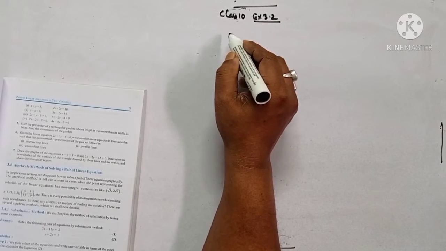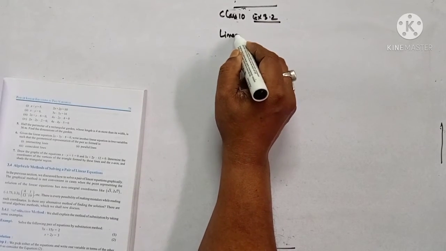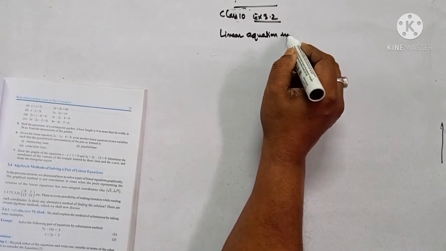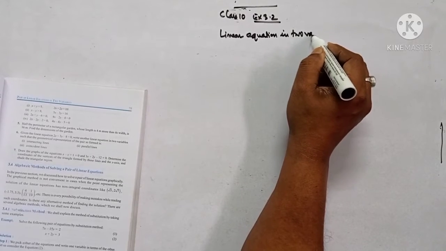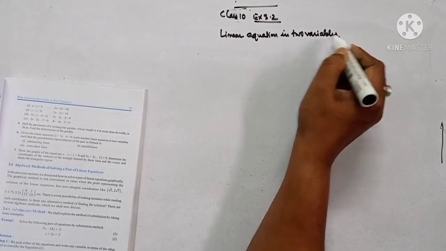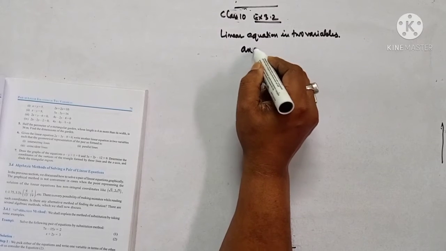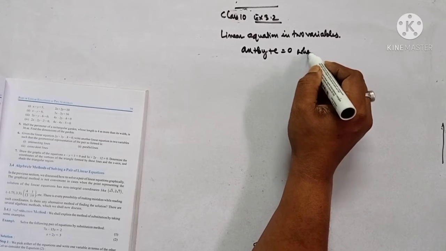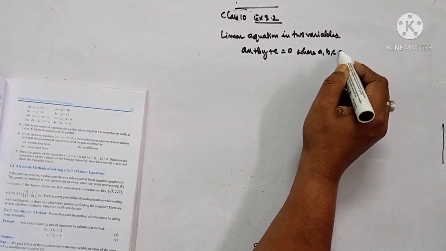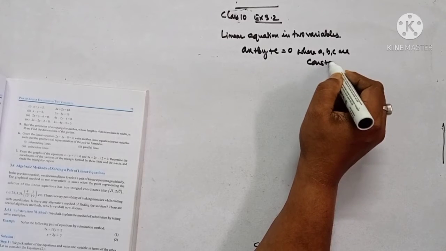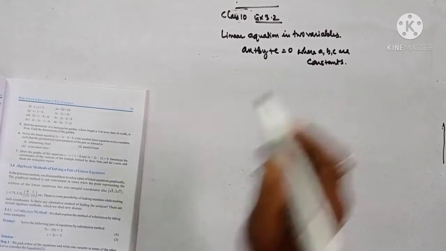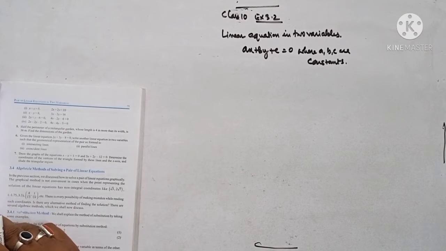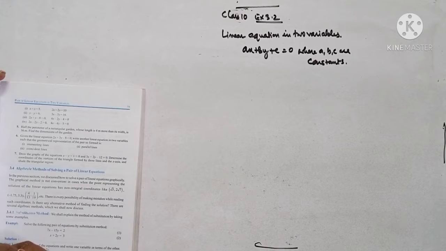First of all, you must remember that a linear equation in two variables is represented as ax plus by plus c is equal to 0, where a, b, c are constants.